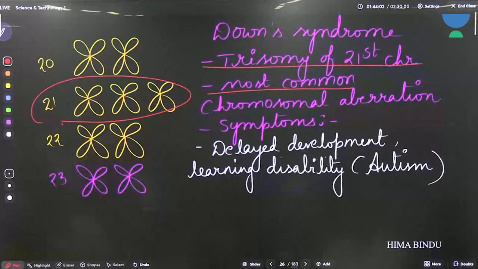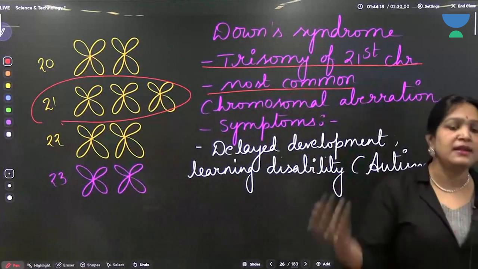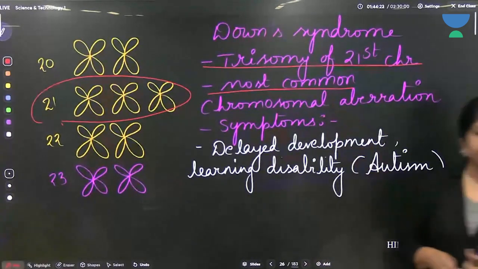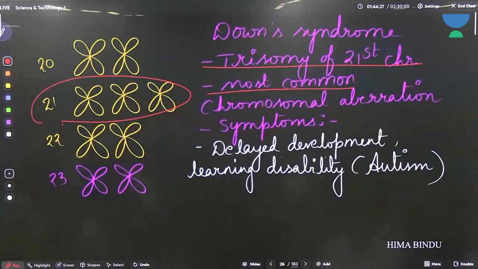It does not mean that it is very common. Down syndrome is still rare, but when you compare with other aberrations, this is more common. In the population, I can find more Down's patients than Klinefelter's patients, or more Down's patients than Turner's patients. Total number of chromosomes here. Loud and clear. Is this male or female?